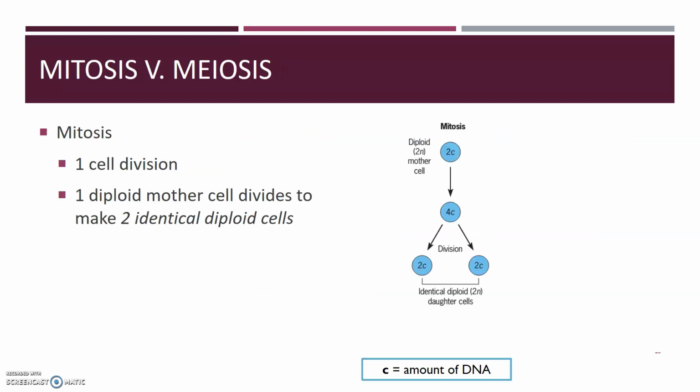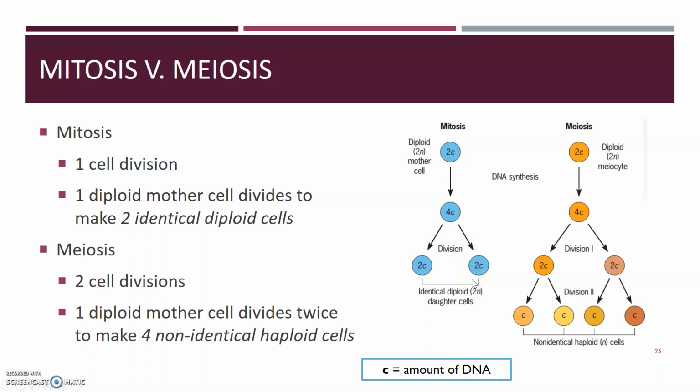And to compare meiosis to mitosis, remember from mitosis that we take a diploid cell, which has 2 copies of each chromosome, we duplicate the DNA in S phase, and then we divide once to create 2 identical daughter cells, both of which are also diploid. There's only one cell division, and one diploid cell makes 2 identical diploid daughters. Whereas in meiosis, one diploid cell duplicates its DNA during S phase and then goes through 2 divisions, right?